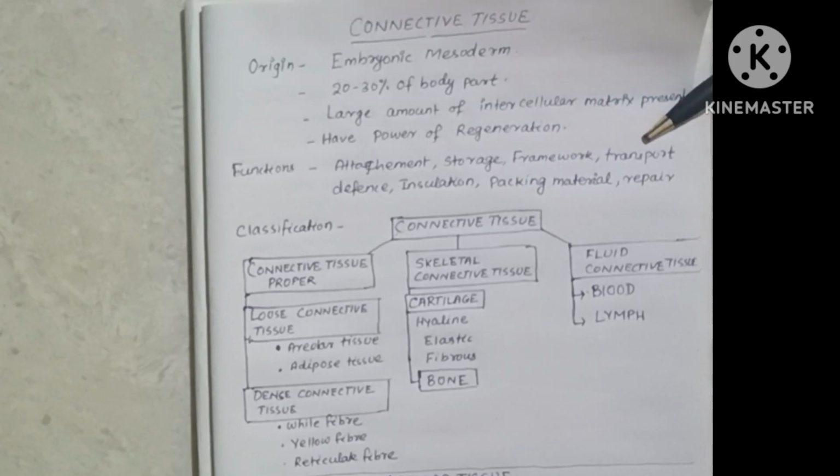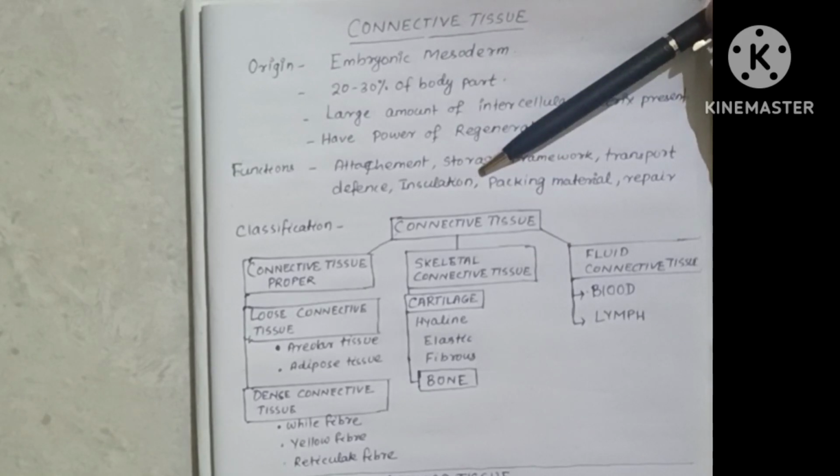Then transport: oxygen and carbon dioxide transport occurs by RBC, and RBC is a fluid connective tissue that belongs to blood. Then defense: antibodies are produced by lymphocytes, which are part of blood. Insulation: adipose tissue also provides insulation, which insulates our body and reduces heat loss.